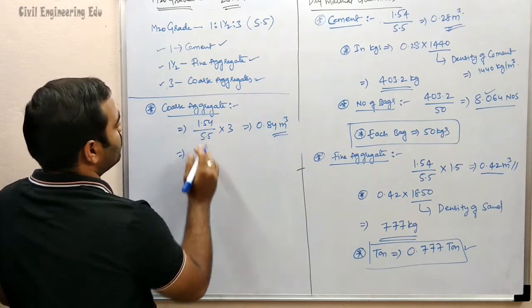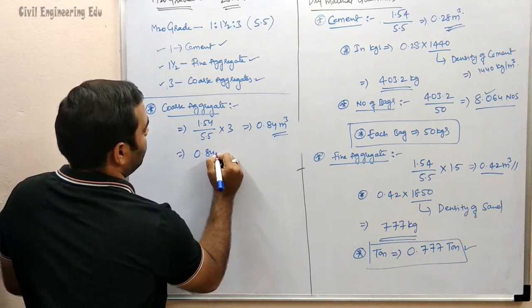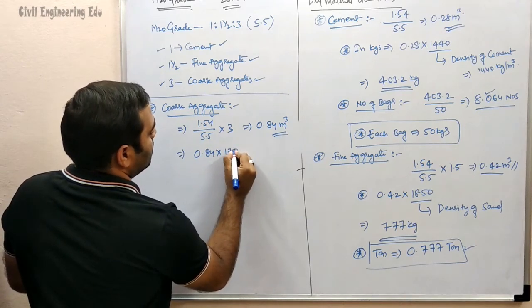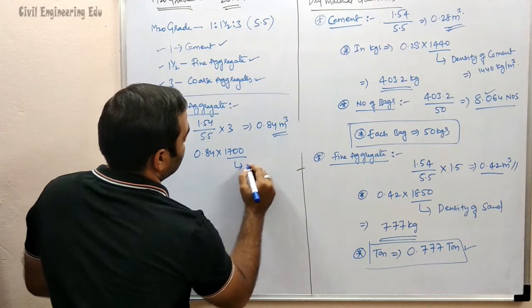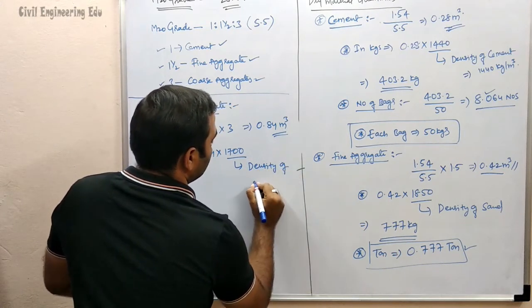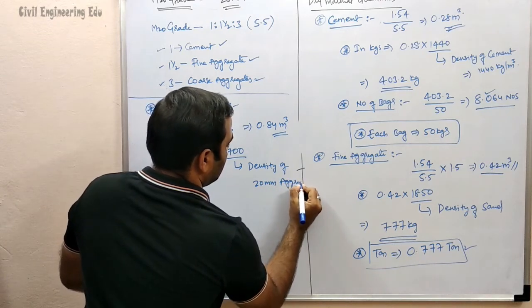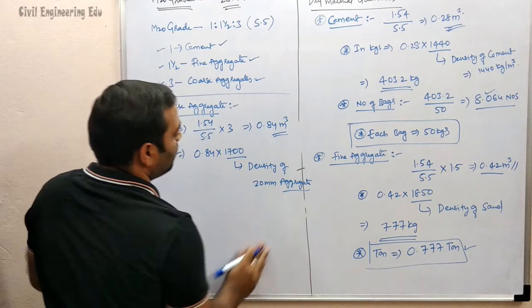So we want this coarse aggregate in tons. So here 0.84 into 1700. So this is the density of 20 mm aggregate.